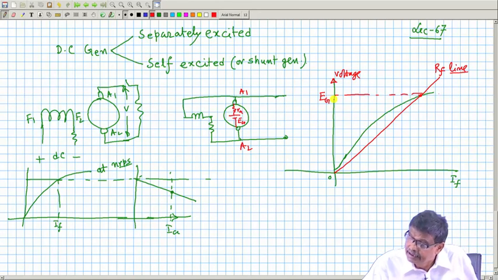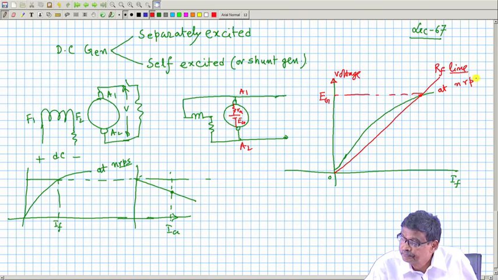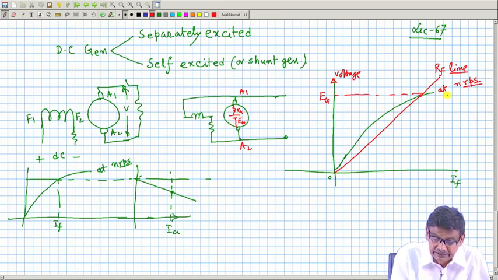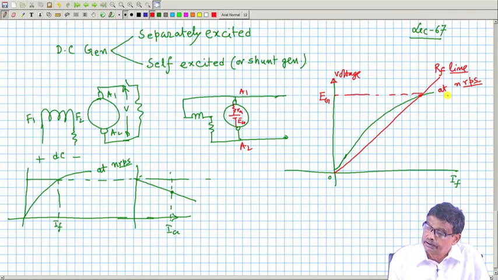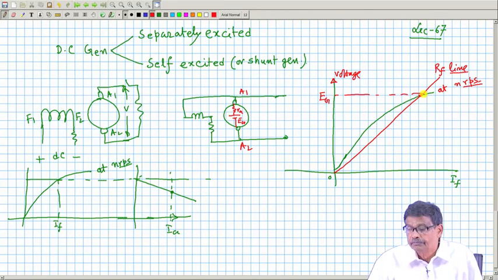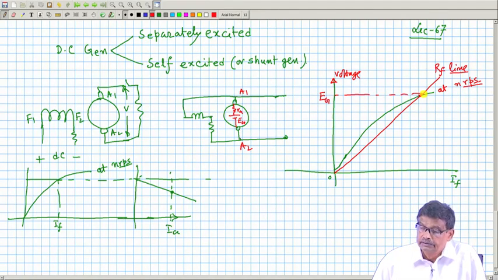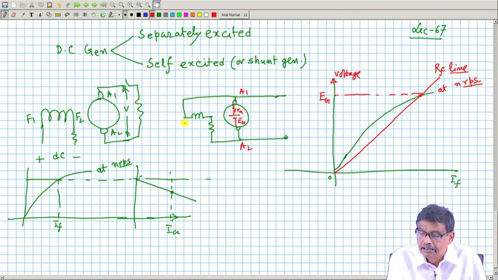Here also you should not forget to write the speed at which the machine was run. I used these characteristics to give a feeling of the amount of voltage available from this DC generator connected in a shunt fashion. Shunt means parallel: armature and field windings are in parallel. That is fine.